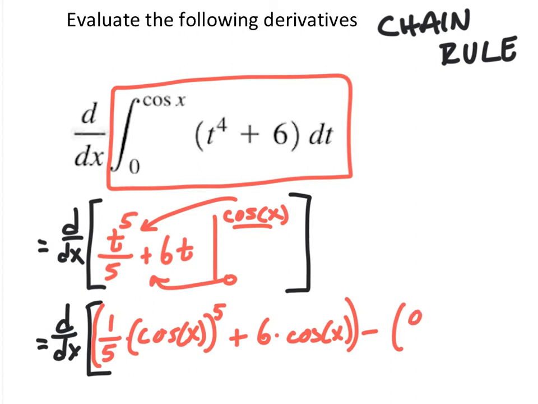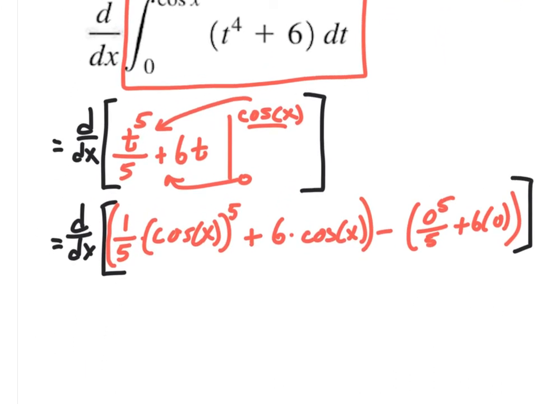So I've got 0 to the 5th over 5 plus 6 times 0, and then I close that up. Now I get d/dx of this function, and this part just goes to 0, so I don't need to write that.